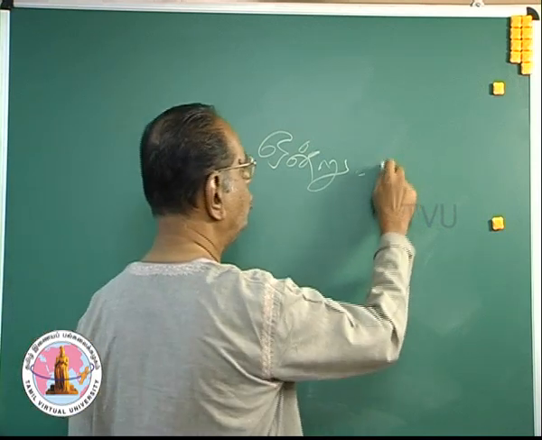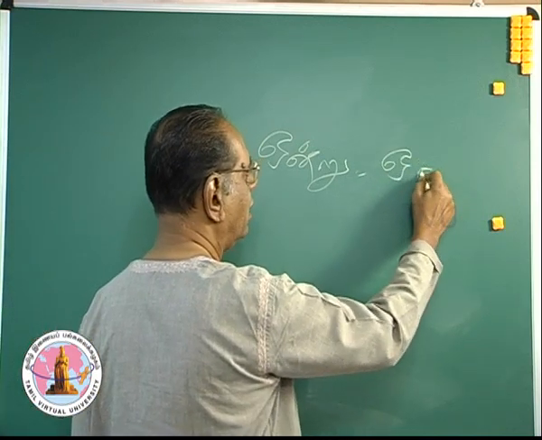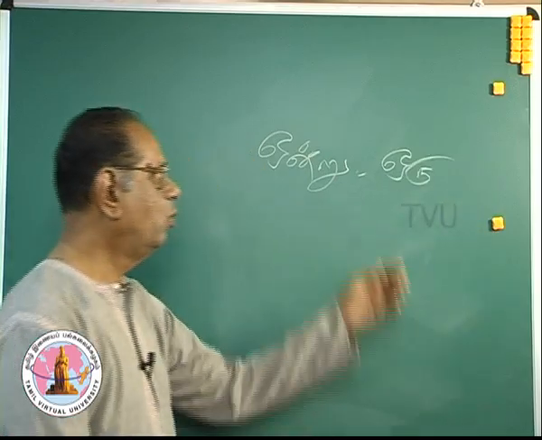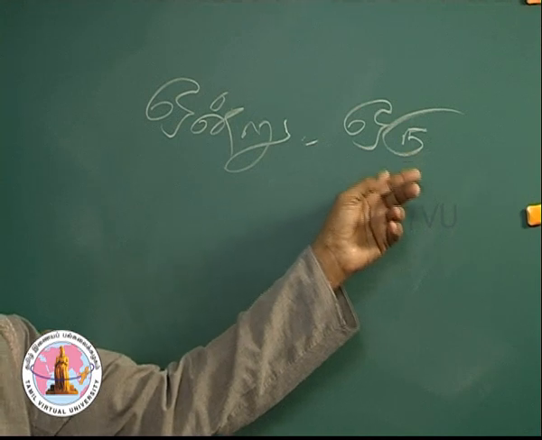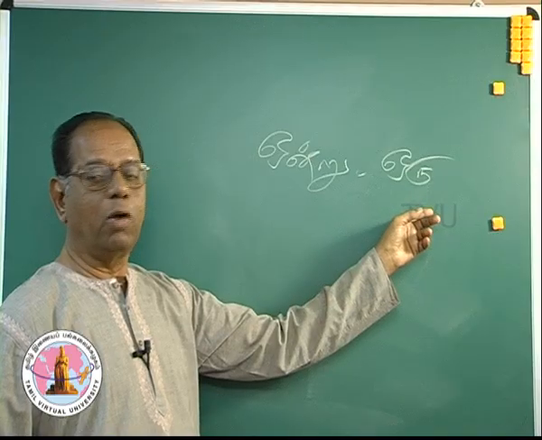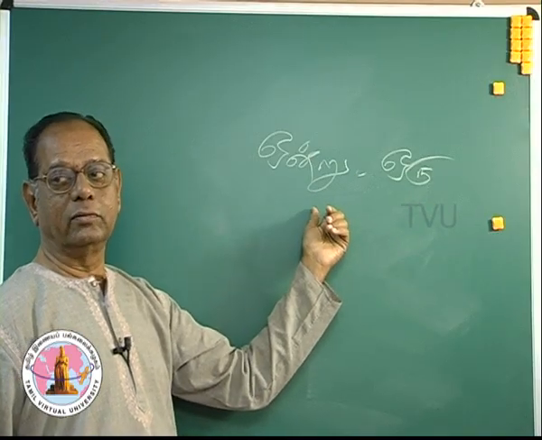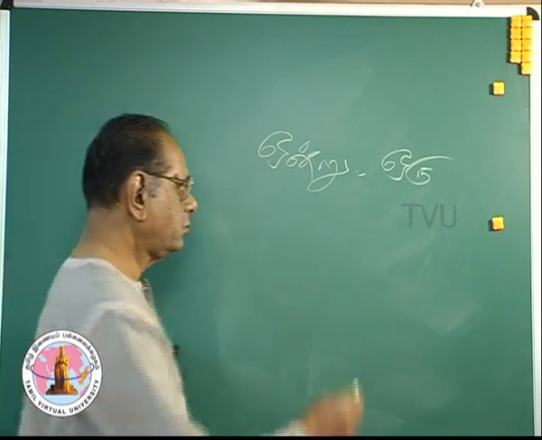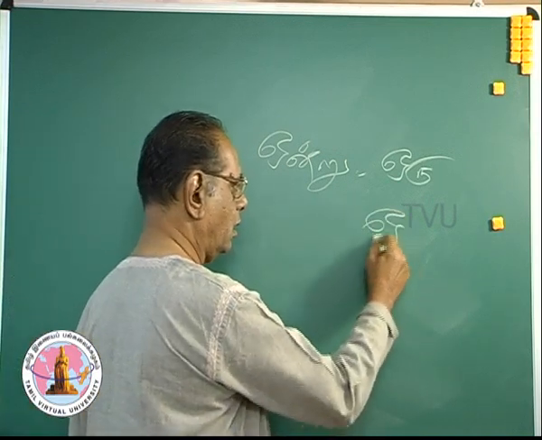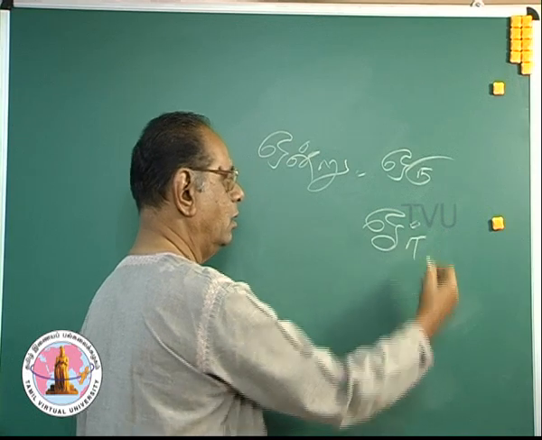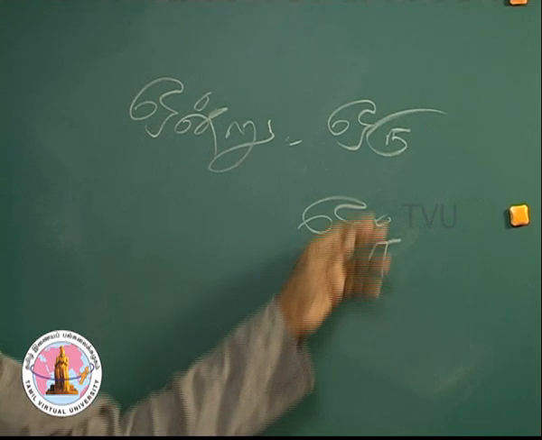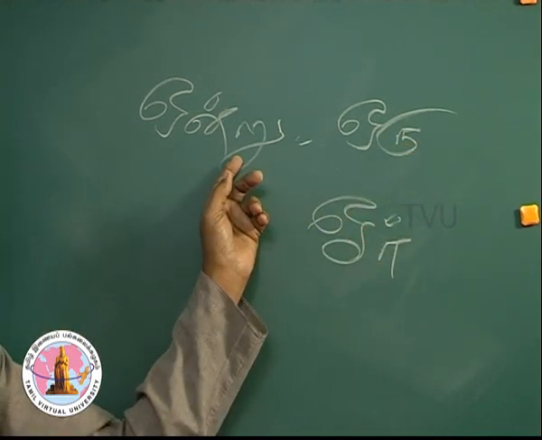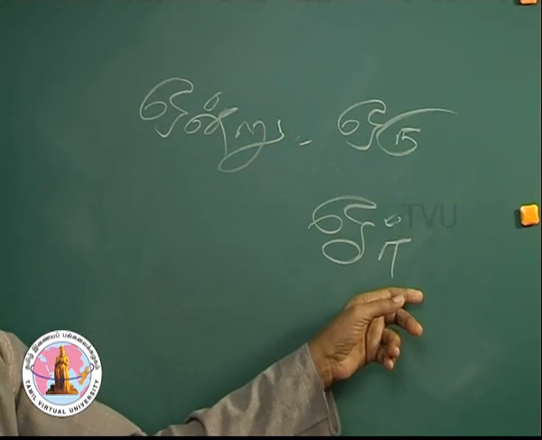Then it assumes another form. Oru. Oru is the numerical adjectival form of onru. Or also means one in the adjectival sense.